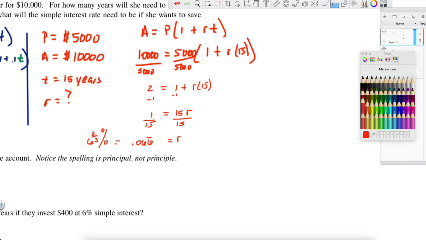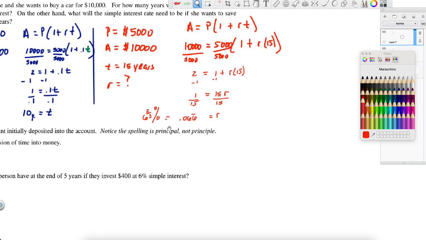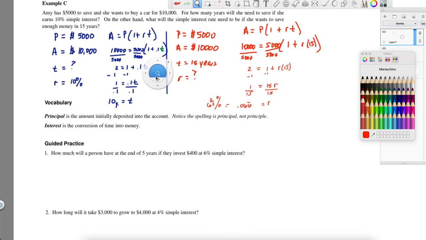Okay, so if she's going to invest for a longer period, she can have a lower interest rate. Whereas this was 15 years at 10%. This was 10. Sorry, this was what do we get? 10 years at 10%. If we go 15 years, the rate could be a little bit lower to still achieve the 10,000 amount.